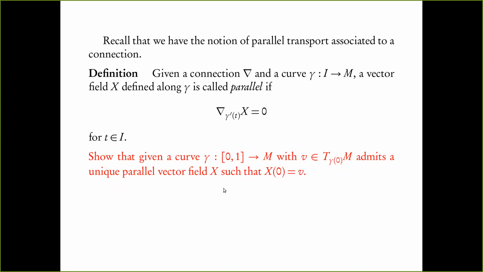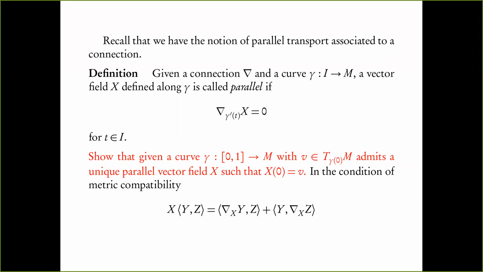So such parallel vector fields exist. That's the point. This is pretty much like the existence of integral curves; you have to use some version of Picard-Lindelof.